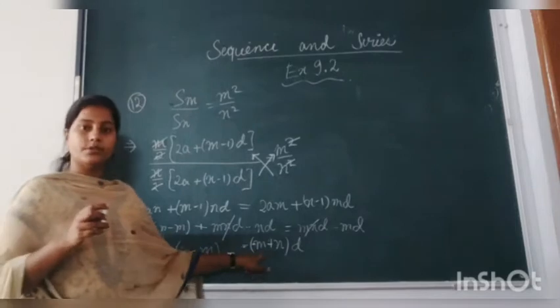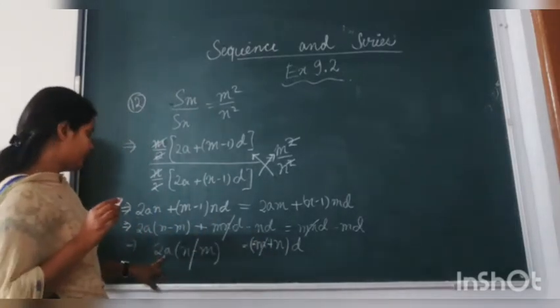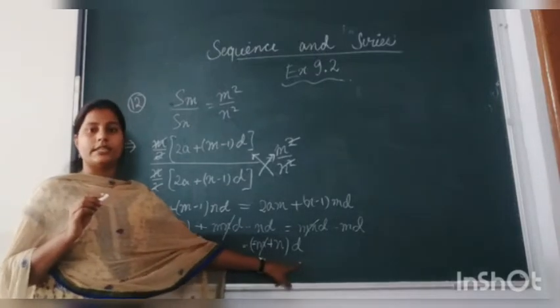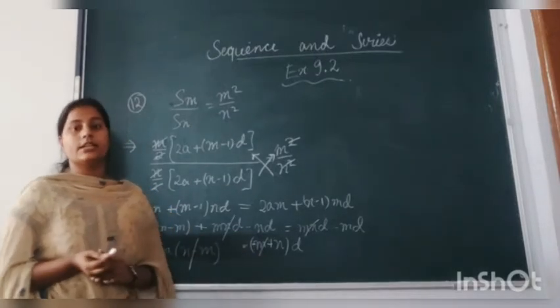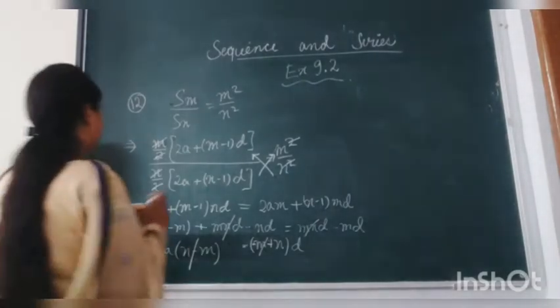On both sides this term is common, we can cancel that. And from here what we have, the value of 2a is equal to d. That is, we have got the value of d. We got 2a.